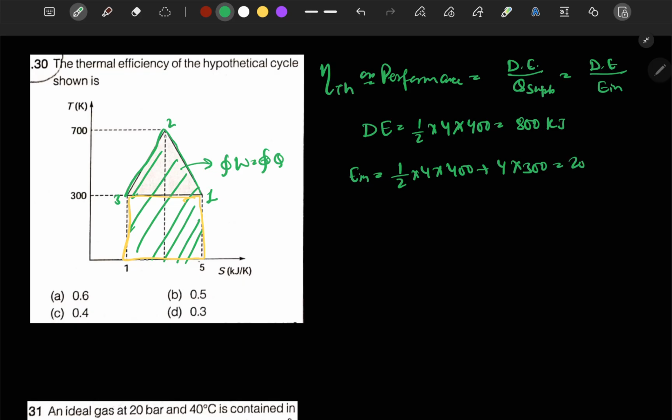So we get the value of 2000 kilojoule, and so efficiency will be desired effect, that will be 800 divided by 2000, and the efficiency will be 40%, that is 0.4. So option C will be correct for this.